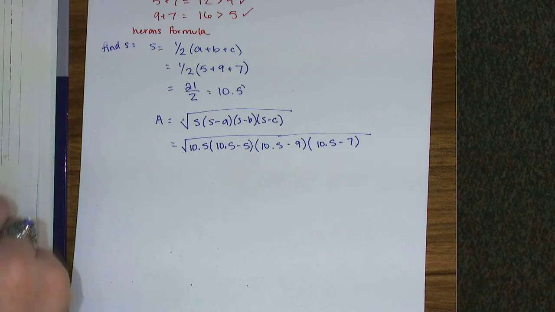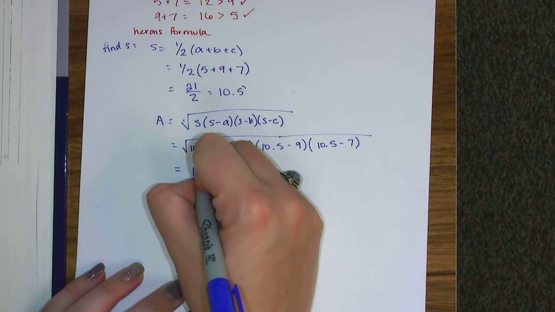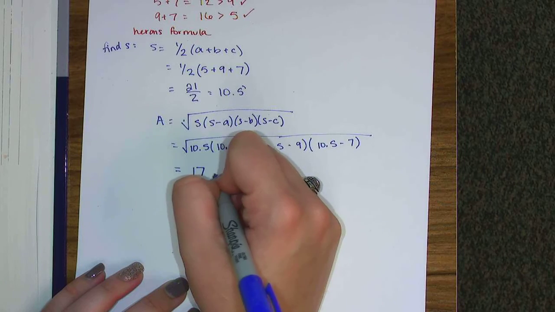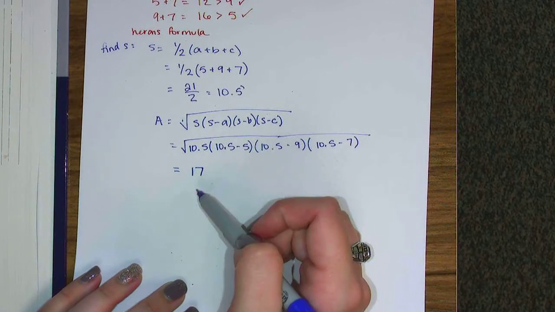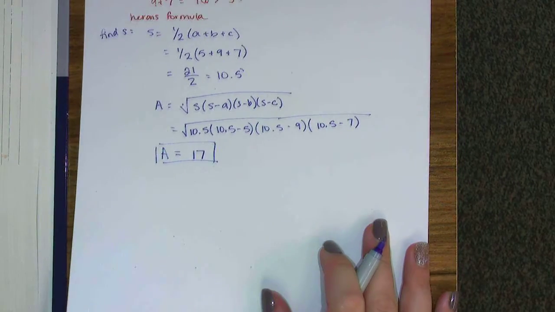Alright, so I get 17.41 when I do that, so we'll just say area is 17. They do not give us units, so I'm not worried about it here, so that's just going to be 17.